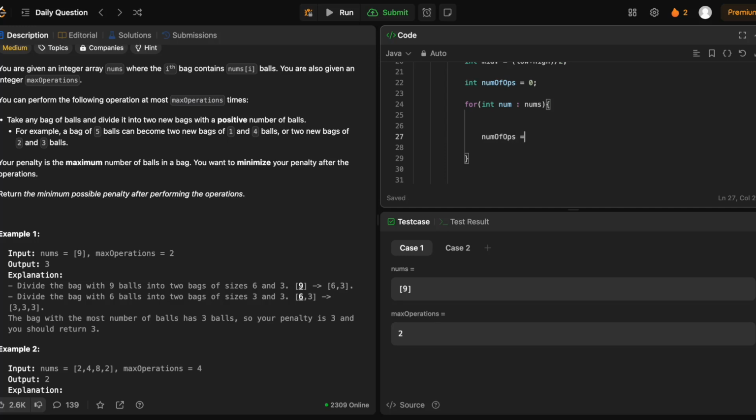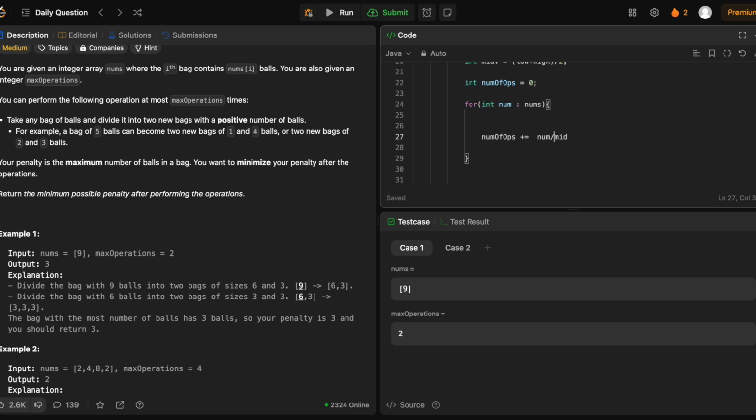All right, so num of ops plus equals, we are dividing num by mid.